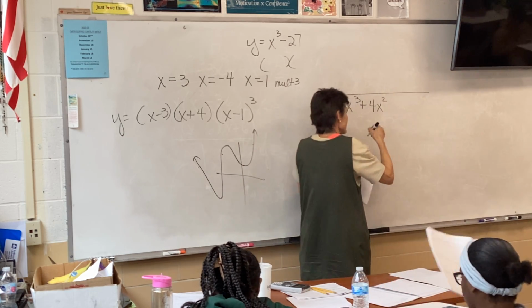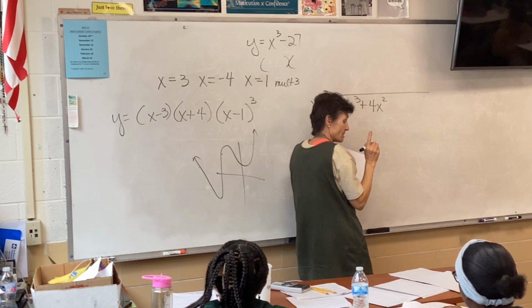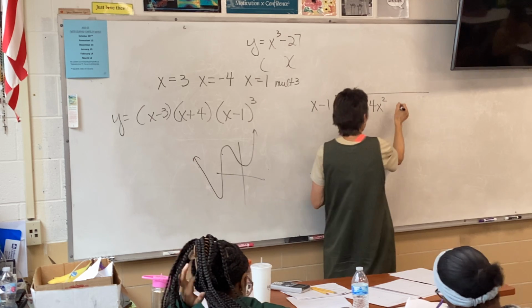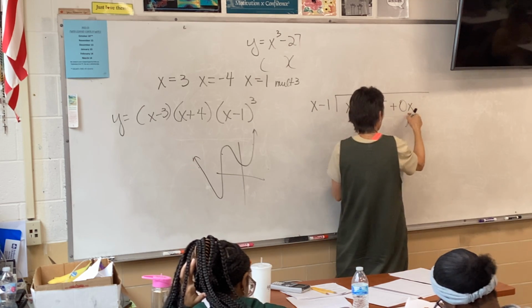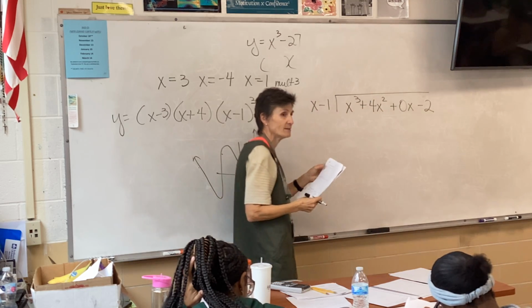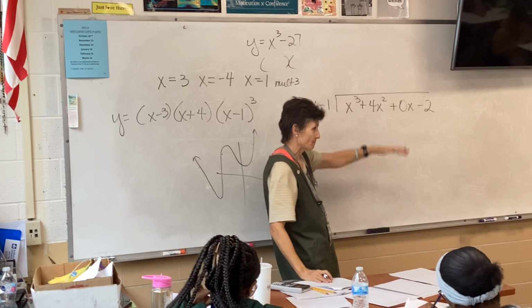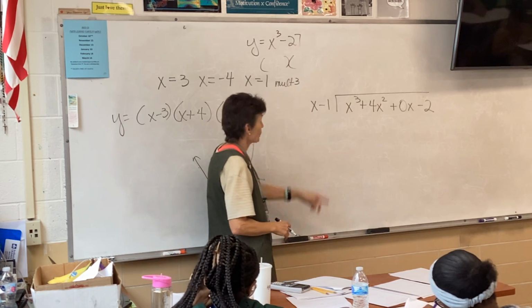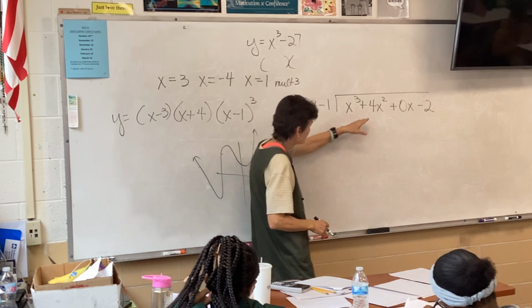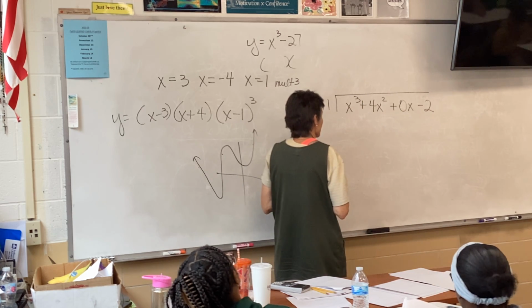While it isn't absolutely necessary in long division, it is in synthetic division, but not in long, I'm gonna go ahead and put a 0x there. Did you notice that there's no x term in the dividend? This helps me keep things organized, okay? So here's what I'm dividing by my divisor, here's what I'm dividing into my dividend. All right, now I'm ready to start dividing.